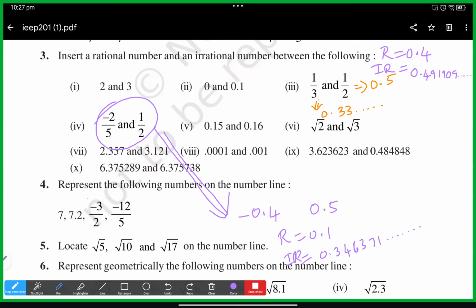Next. So 0.15, sir, we can write 0.151 as rational. Yes, sir. Okay.